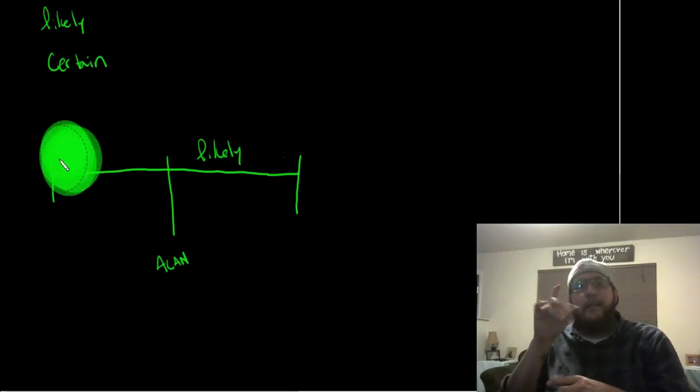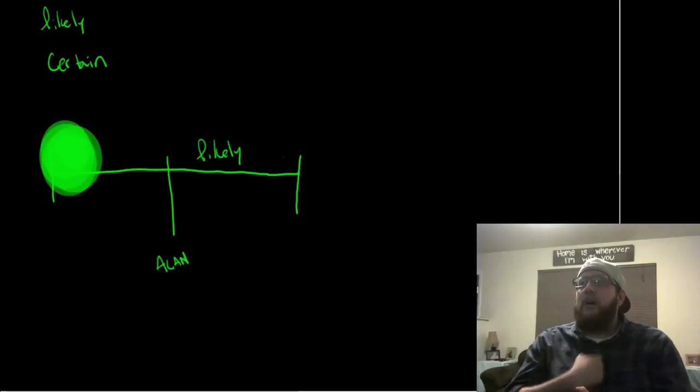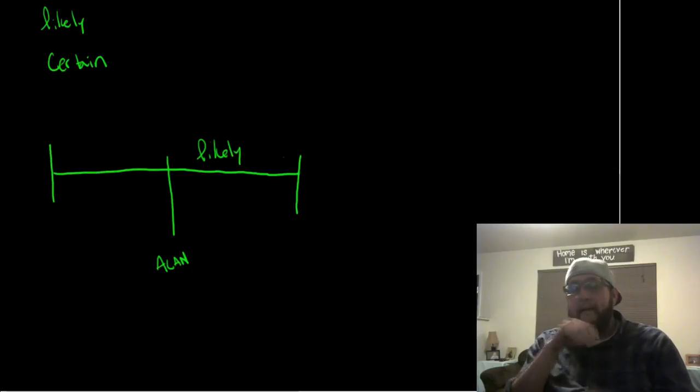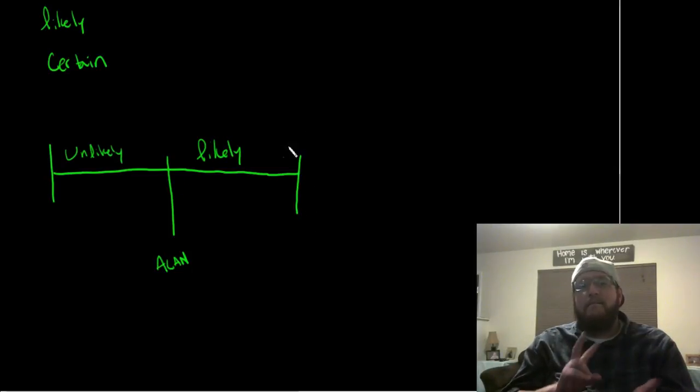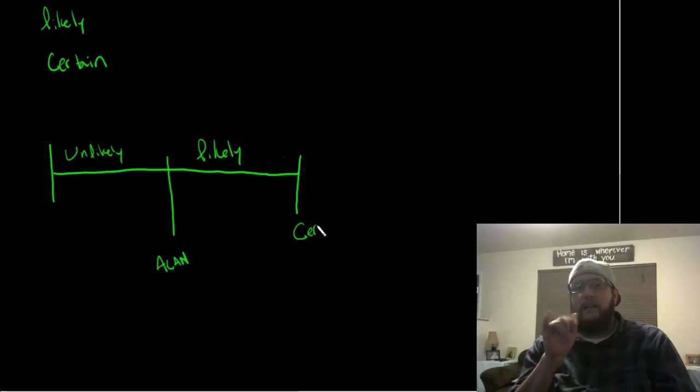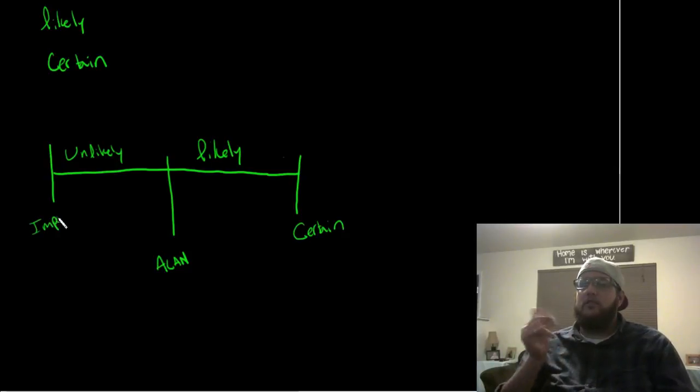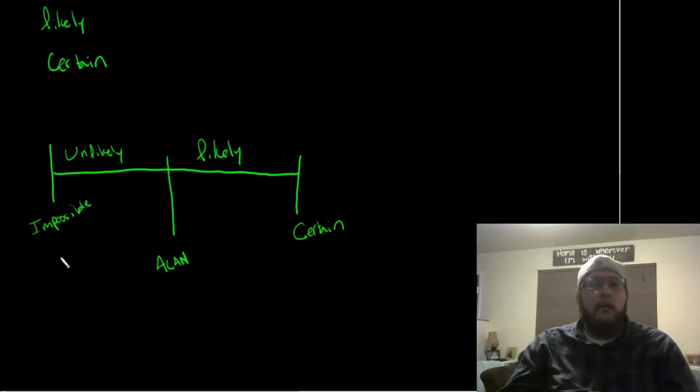Less than half was considered to be unlikely. At exactly 100% or 1 was considered to be certain. And at exactly 0 was impossible. So now let's look at these.